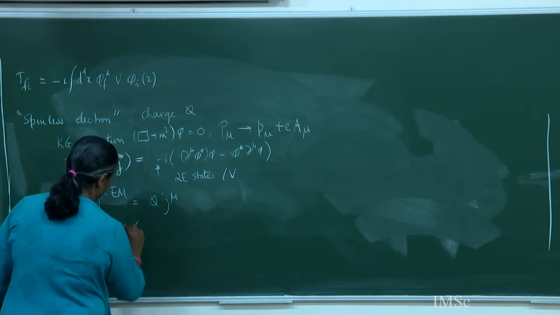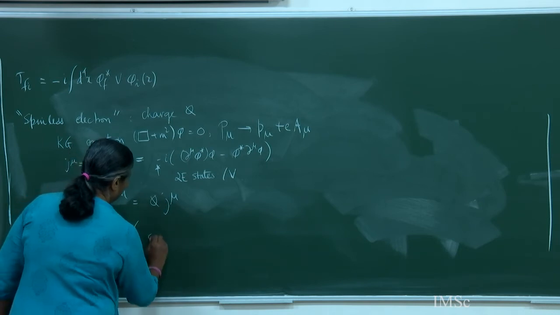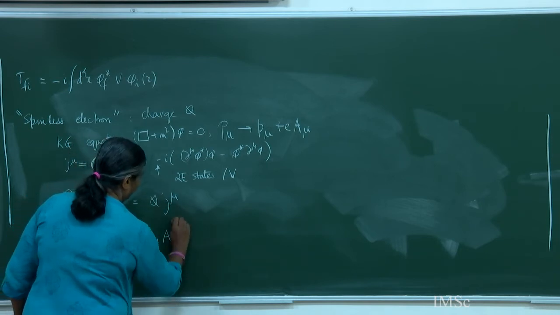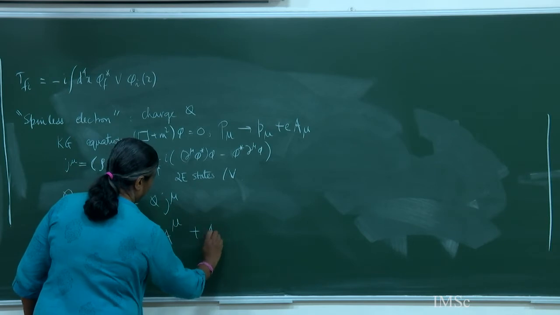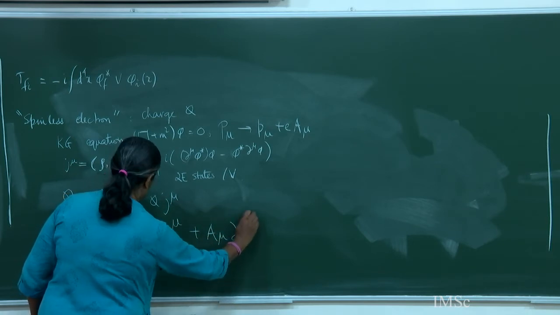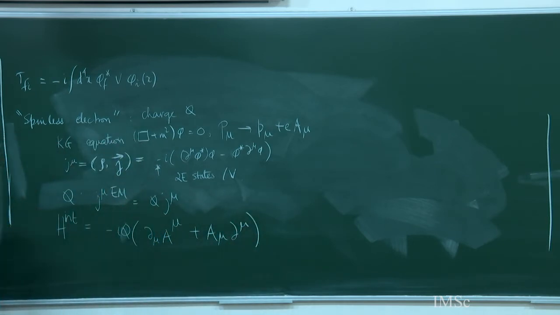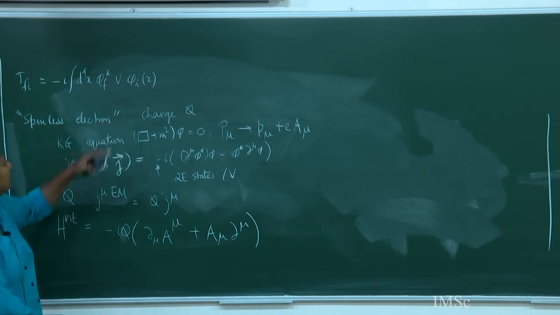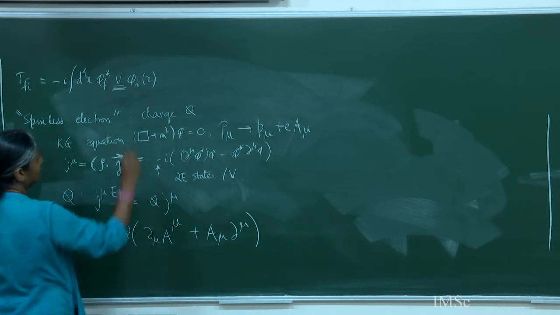So we have Q now, Q d mu A mu plus d mu. So we put that back over here, H int is V.